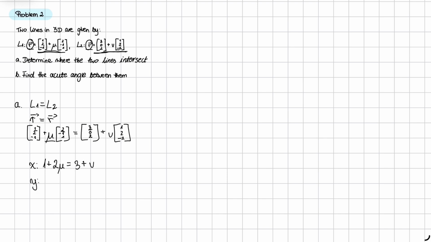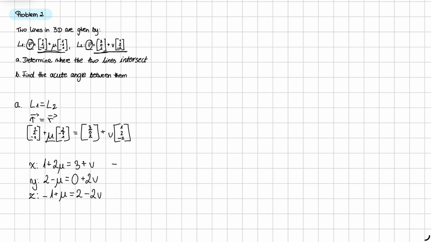Y coordinate is 2 plus minus 1 times mu, so minus mu equals 0 plus 2v, and z coordinate is minus 1 plus 1 times mu equals 2 plus minus 2 times v, so minus 2v.